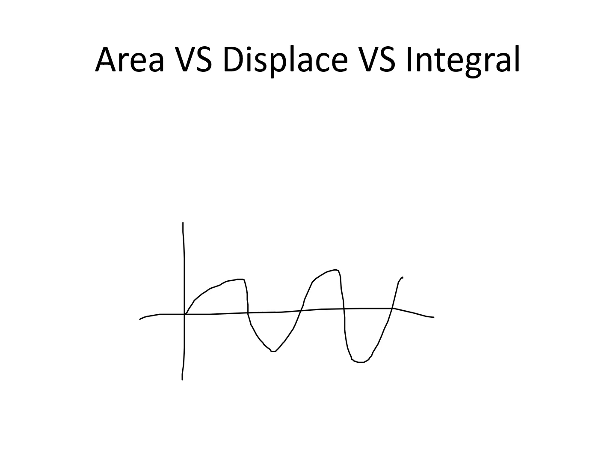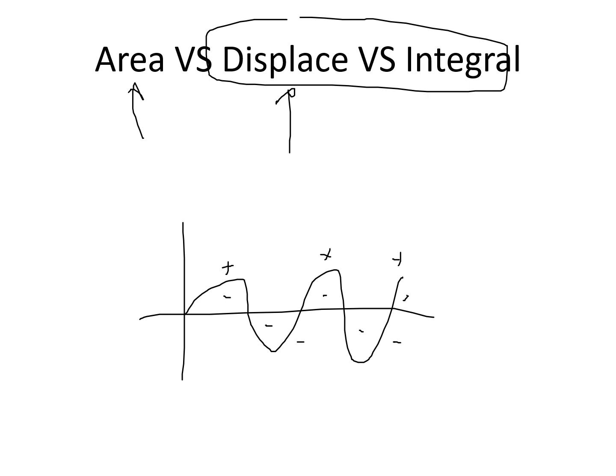The absolute value of all of these added together would give you area. Now, if I took this with its vectors in mind, this would be positive, this would be positive, this would be positive, this would be negative, this would be negative, then that would be your displacement. Displacement is directly correlated to integral. So that's that.